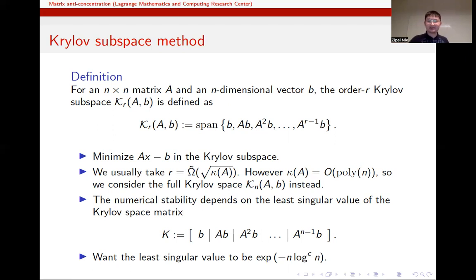That means many columns in this Krylov space matrix are close to some low dimensional subspace of the n space here.